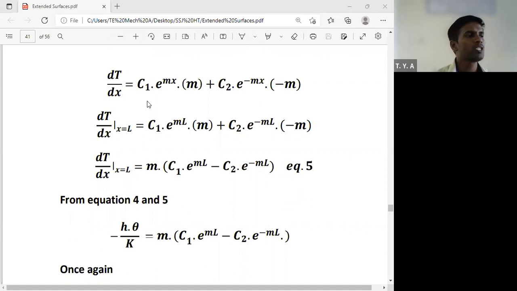Okay, so our aim is to calculate the dT by dx at x is equal to L. So therefore in this equation instead of x we have to put the value of L. Okay, so therefore we get the equation as dT by dx at x is equal to L is equal to c1 e raised to ml into m plus c2 e raised to minus ml into minus m.